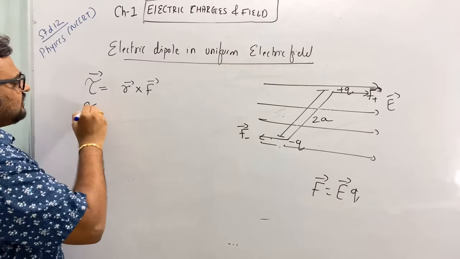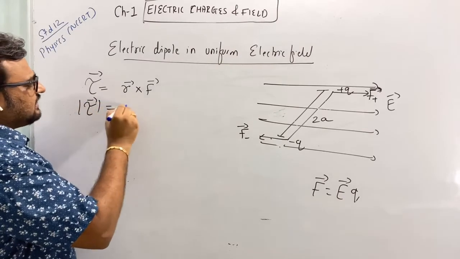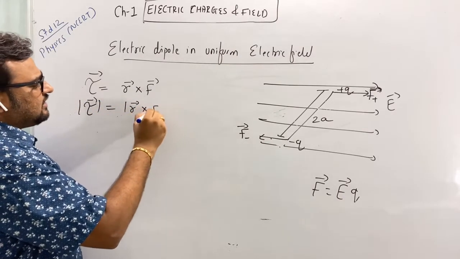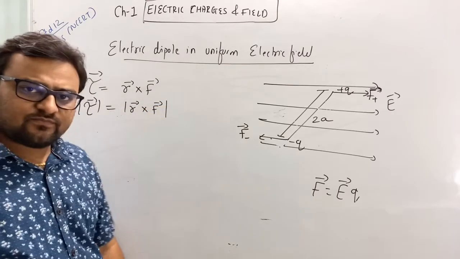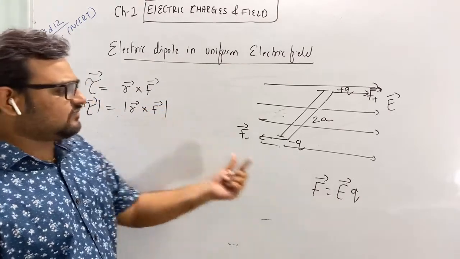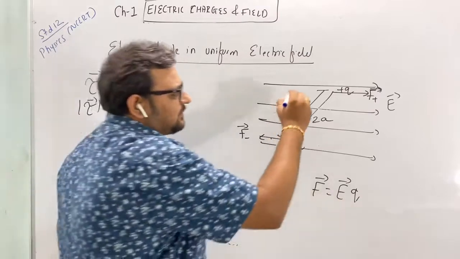So magnitude wise, I can say that torque is R into F. What is F? EQ. And what is R? This perpendicular distance.